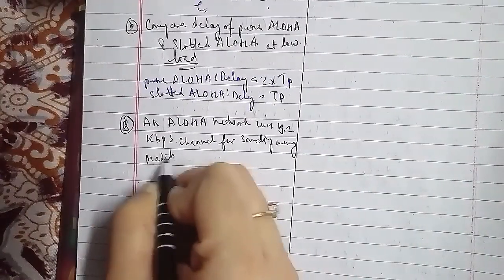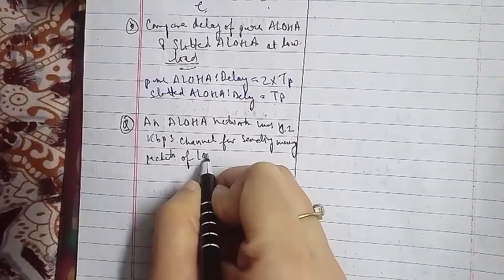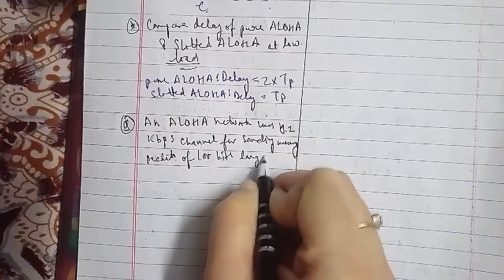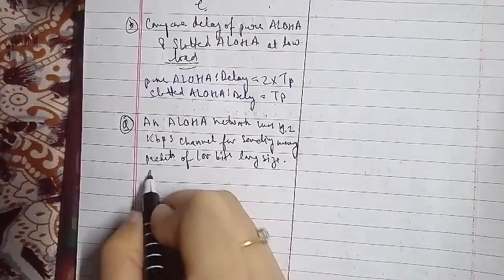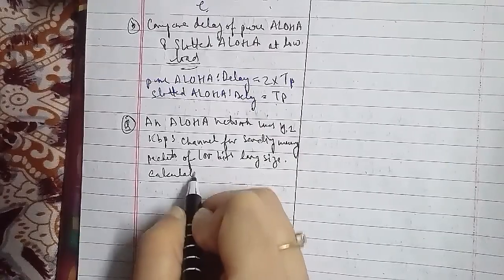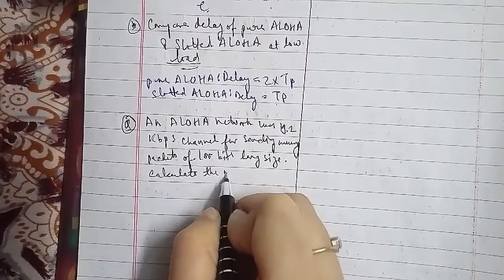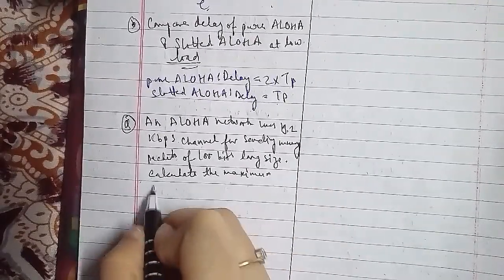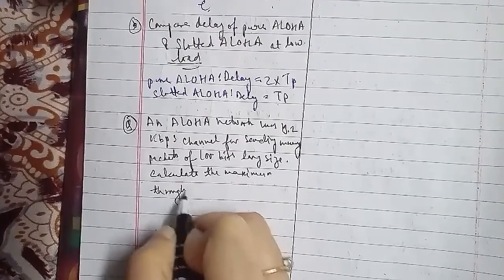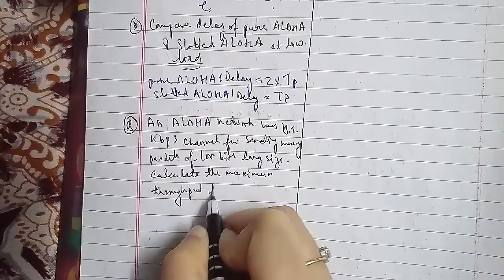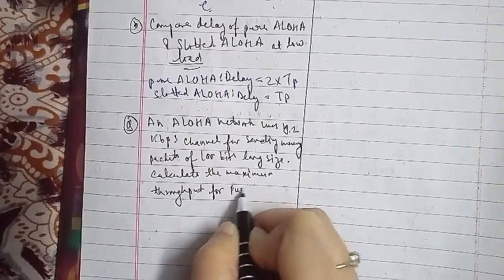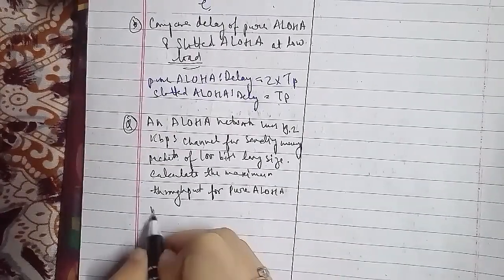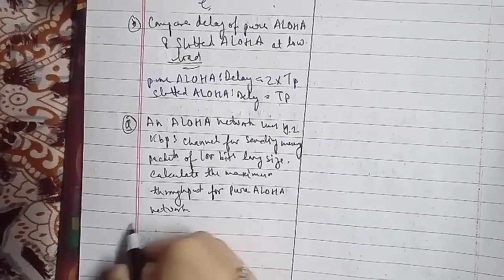For the throughput, S equals G e to the power minus 2G, and for that we will put the value G equals 0.0052. So 0.0052 multiplied by e to the power minus 2 into 0.0052. Multiplying 0.0052 by 2, we get 0.0104.